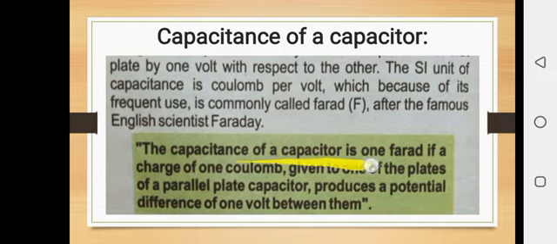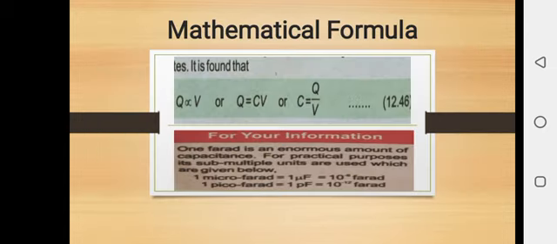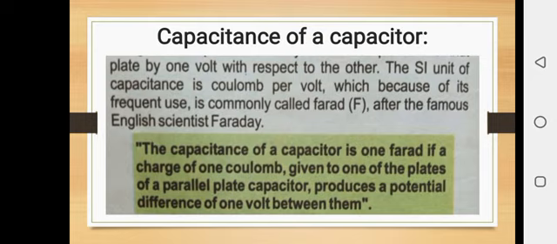The capacitance of a capacitor is 1 farad when a charge of 1 coulomb given to the plates of a parallel plate capacitor produces a potential difference of 1 volt between them. Listen again. When a charge of 1 coulomb is given to the plates of a capacitor and it produces a potential difference of 1 volt, then the capacitance of the capacitor is known as 1 farad, or coulomb per volt.